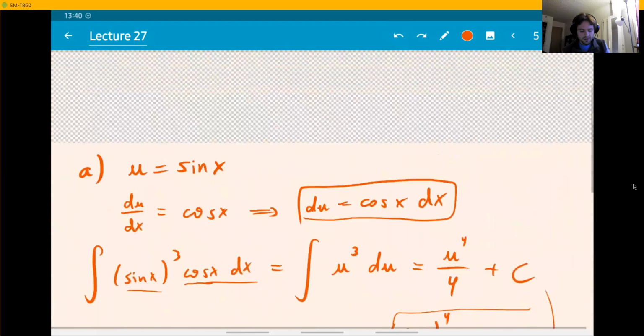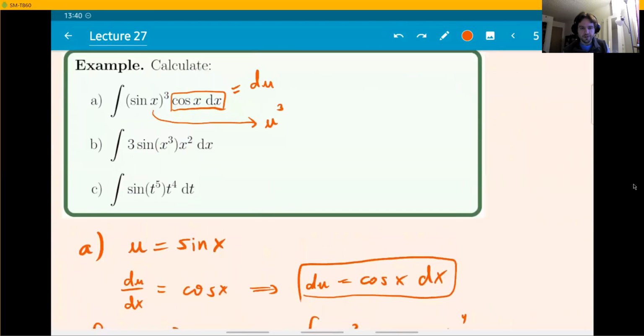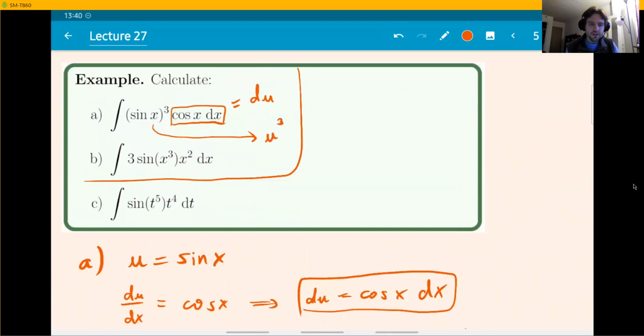Item C. Let's do that one here. Once again, the composite is sine of t to the 5. But this time we don't actually have the whole derivative of the inner function, t to the 5. That would be 5 t to the 4, right? If you call u equals t to the 5, du dt, in this case, t is playing the same role as x.